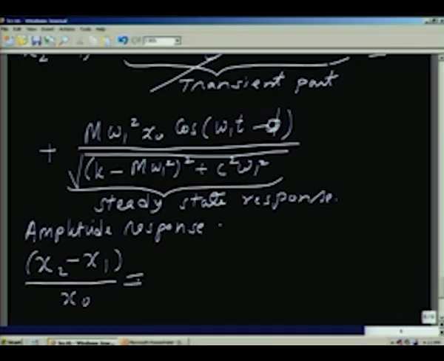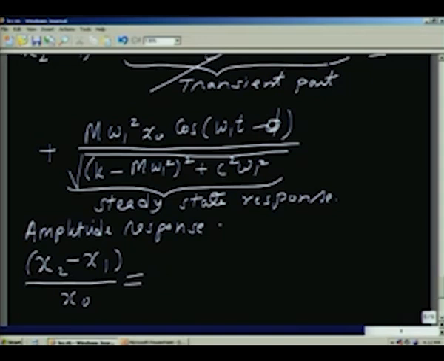This can be shown to be equal to, I will also introduce omega n squared, that was the natural frequency, and then we also had the critical value Cc, which was introduced earlier.